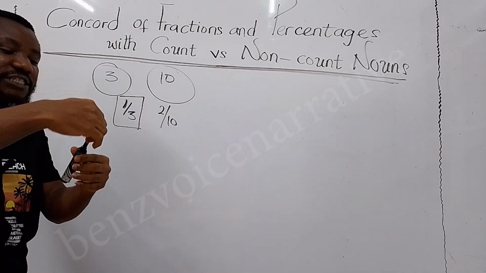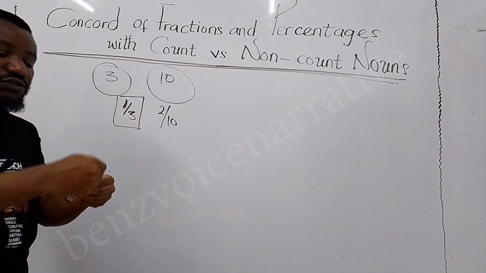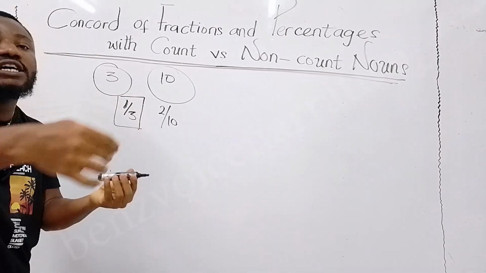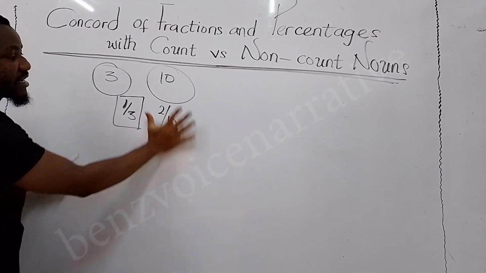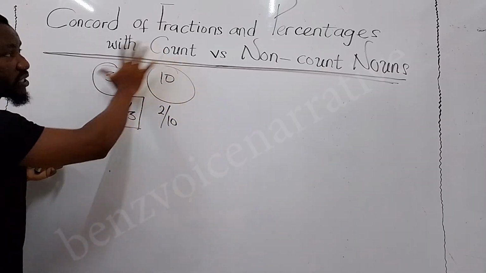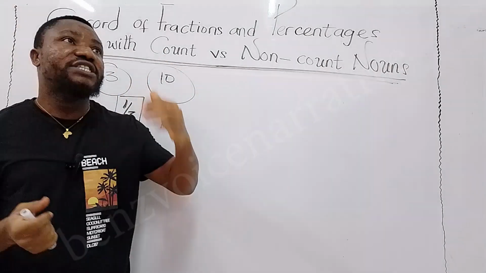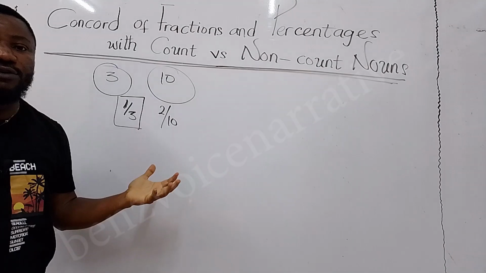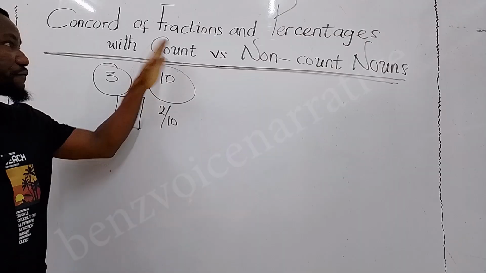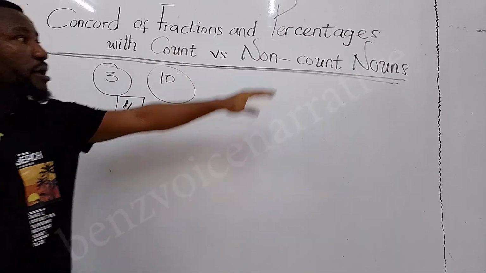This cover is a part of this whole marker. So this is just a fraction of the entire marker. This is the meaning of what a fraction is. A fraction is just a part of a whole number, just as the roof is a fraction of the entire house. It's just a part of the house.